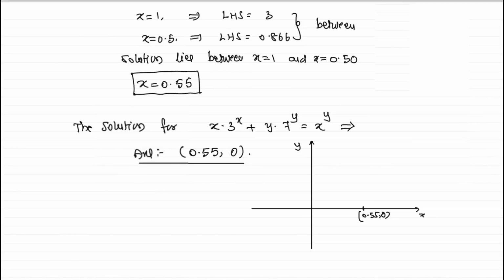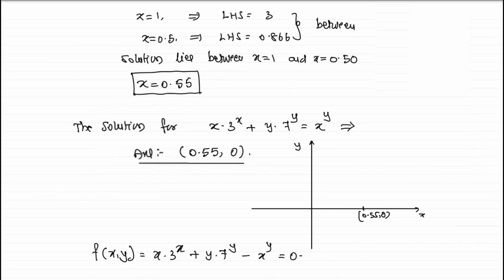In the next lecture, for the same question, I am going to draw a plot for this particular equation. Here, another thing you have to remember is that this implies x into 3 to the power of x plus y into 7 to the power of y is equal to x to the power of y, which implies the function f(x,y) is equal to x into 3 to the power of x plus y into 7 to the power of y minus x to the power of y is equal to 0.